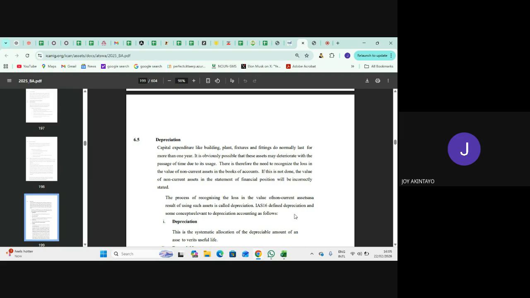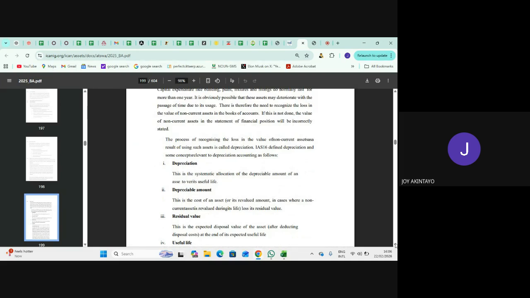Now, without wasting much of our time, what do we mean by depreciation? Depreciation is the systematic allocation of the depreciable amount of an asset over its useful life. It is the systematic allocation of our depreciable amount.